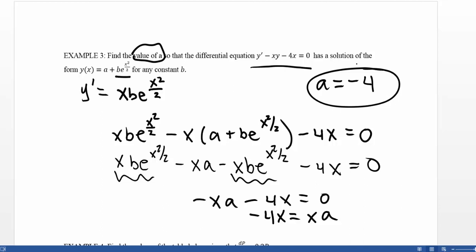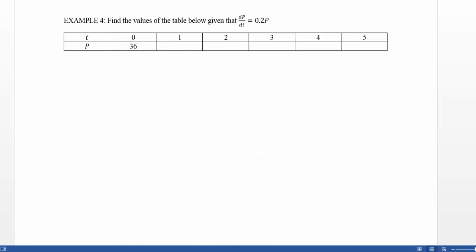Let's look at another example. Example 4. Find the values of the table below given that dP/dt equals 0.2P. So we're given the differential equation that models this table, and I want you to notice that we're also given a starting value. So what we need to do is pair what we know about derivatives and what we know about differential equations to figure out the other values.